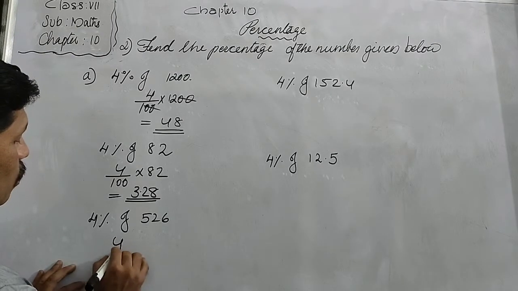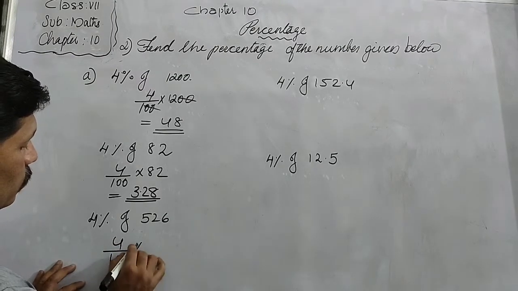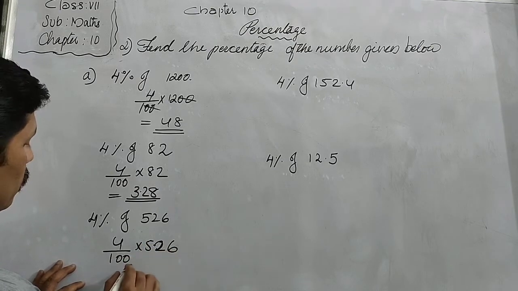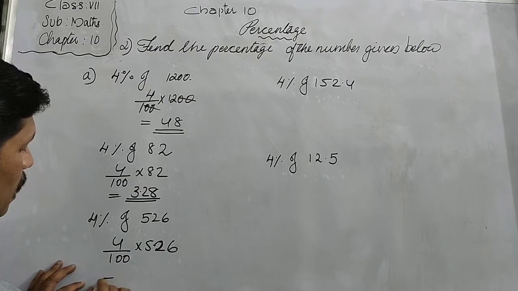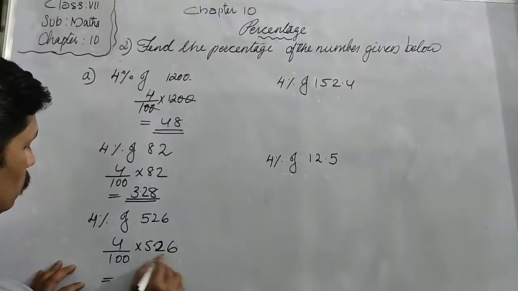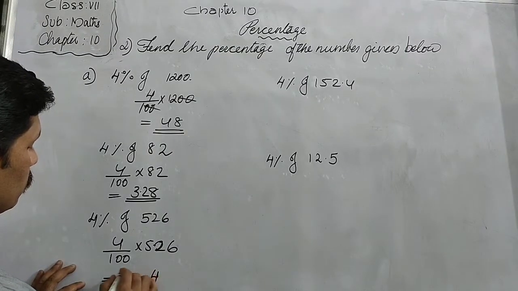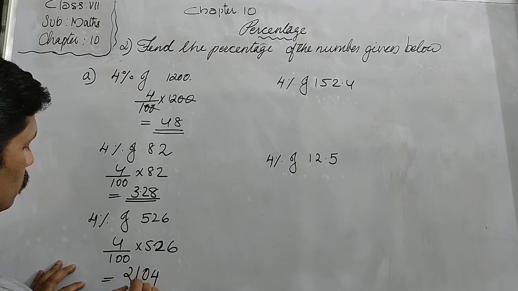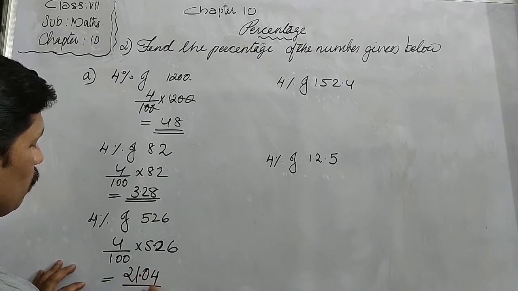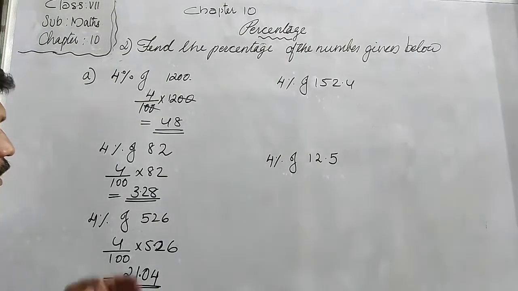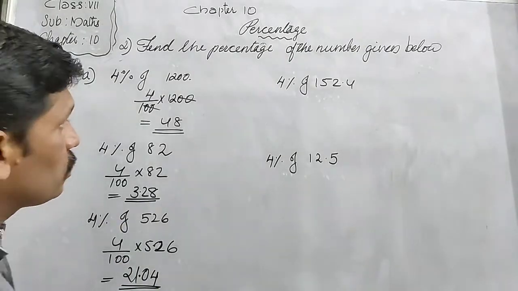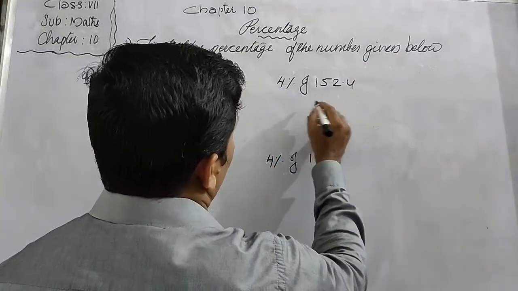Here also we write 4 upon 100 into 526. So here when we multiply, we get 21.04. So 4% of 526 is equal to 21.04.